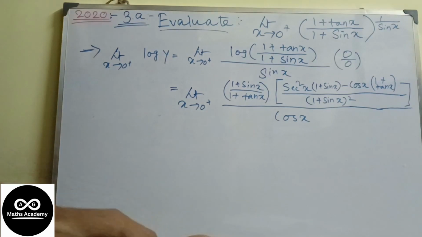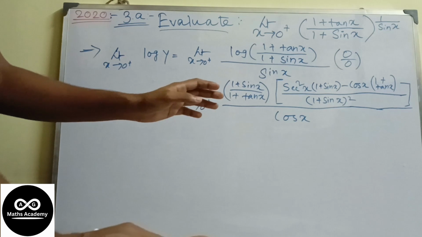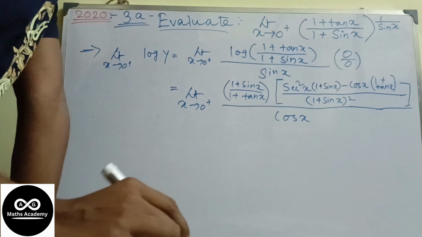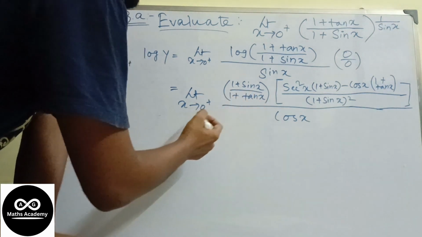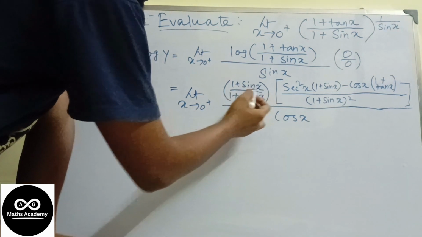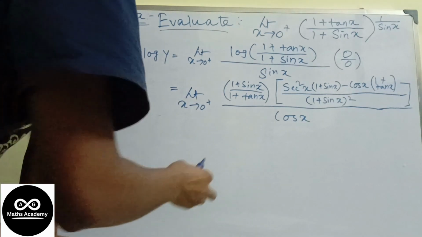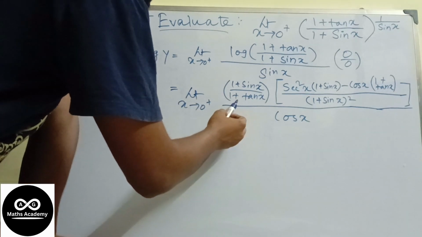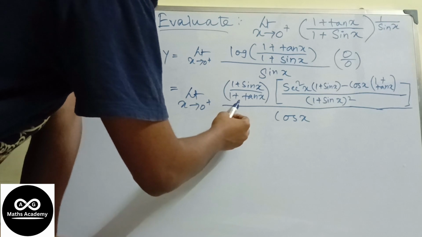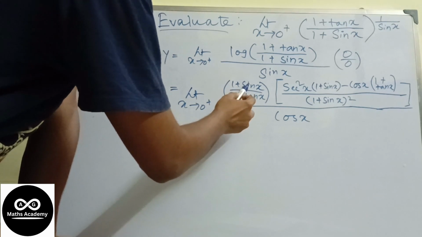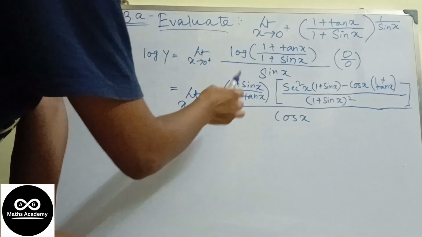So now we get this. Now we're gonna put 0 and calculate the limit. Let's see what we get. It's 1 plus sin x by 1 by tan x. Sin x will be 0, tan x will be 0. So it will be 1.